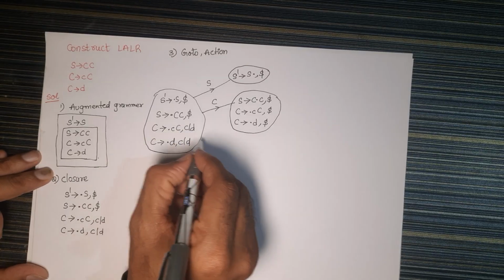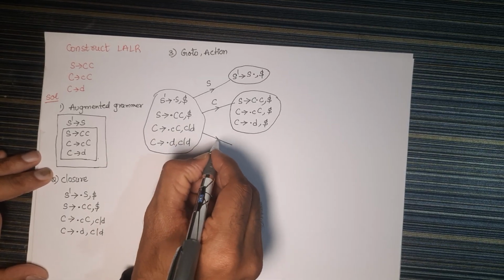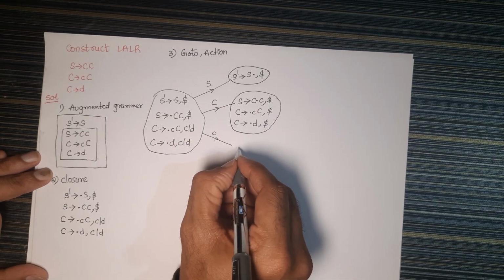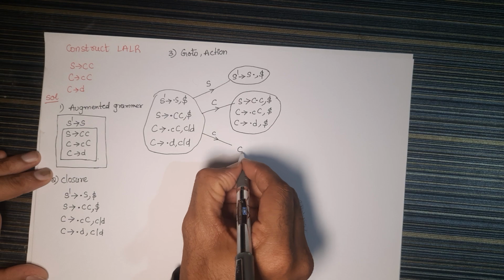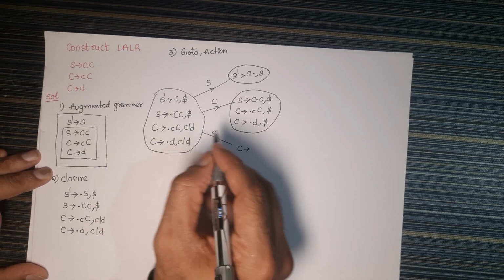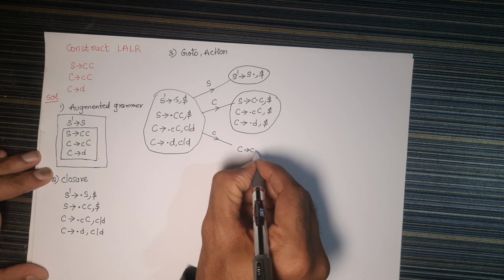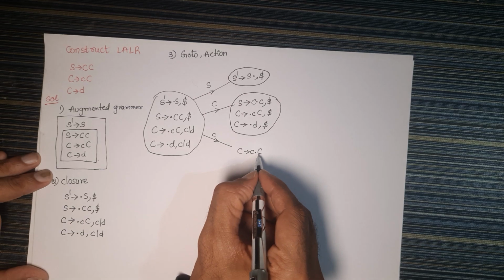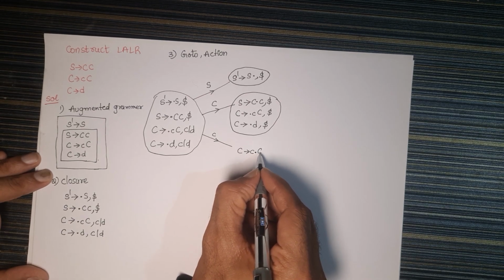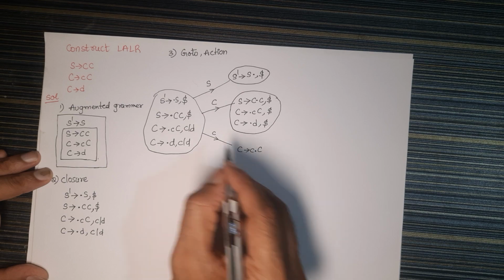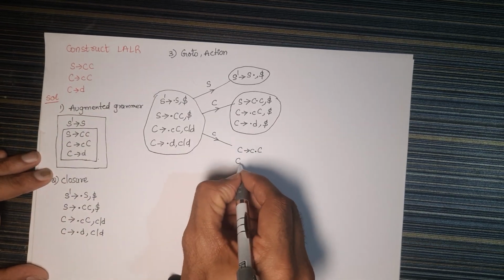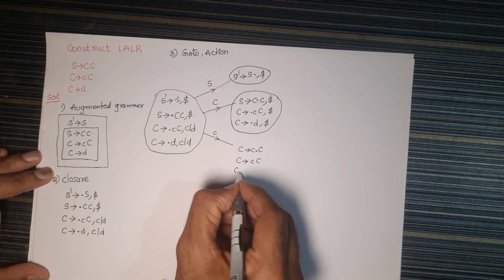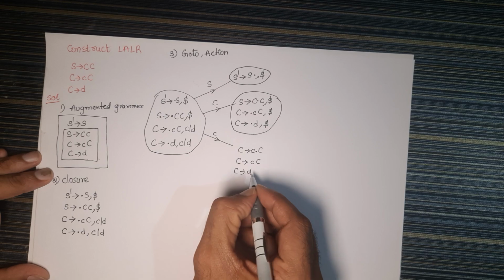Now the next value we have is small c. So you write small c as it is. When the value of small c is there, what we have to do: C → .cC will become C → c.C. For this dot we have C, so when there is a C value we need to write the values as they are: C → .cC and C → .d.